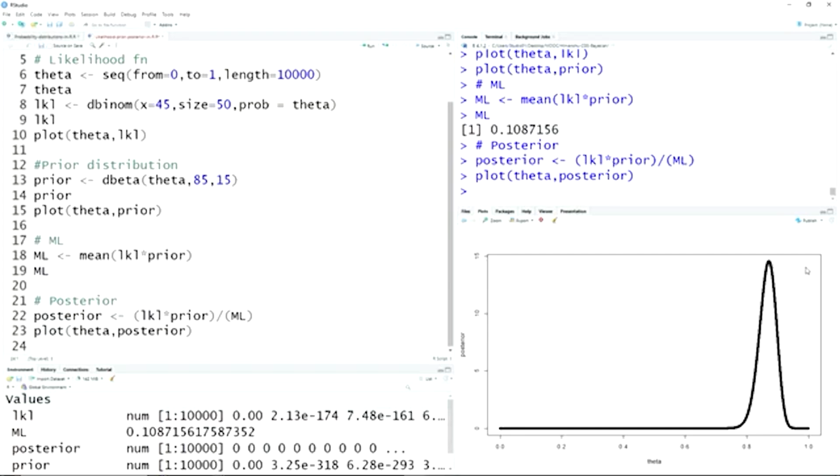Okay, and that would happen because you're multiplying likelihood and prior. So data tells you that the most likely value is around 0.9. The prior distribution tells you that the most likely prior value of theta is, let's say, 0.85. So the posterior would be somewhere in between. Okay, so we say the posterior is a compromise between the prior and the likelihood, exactly because the posterior uses both these pieces of information.